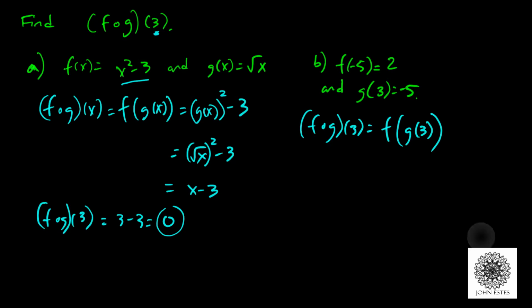And actually, I do know what g of 3 is. We set it up here. g of 3 is negative 5, so I need to find f of negative 5. And actually, I know what f of negative 5 is as well. So f composed with g at 3 gives you the output of 2.